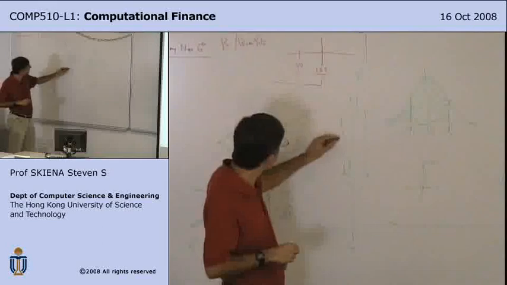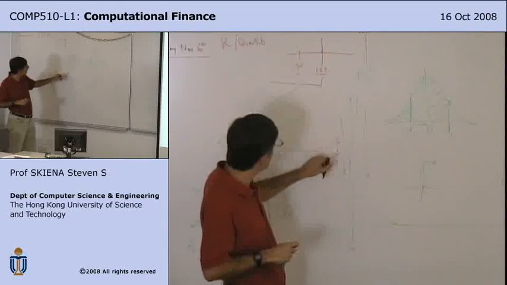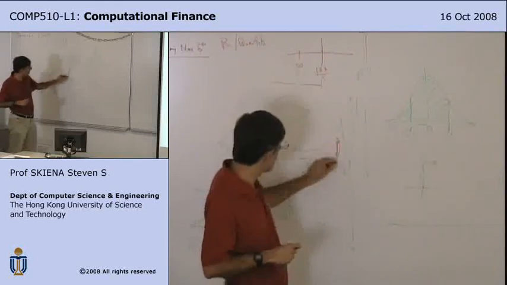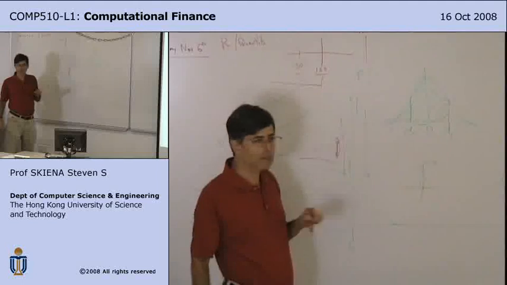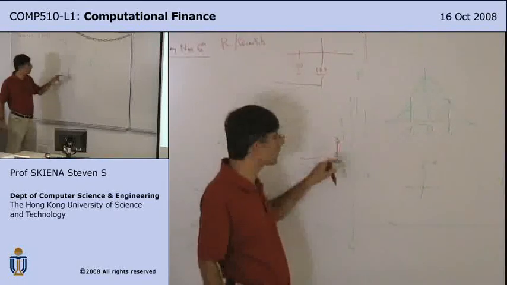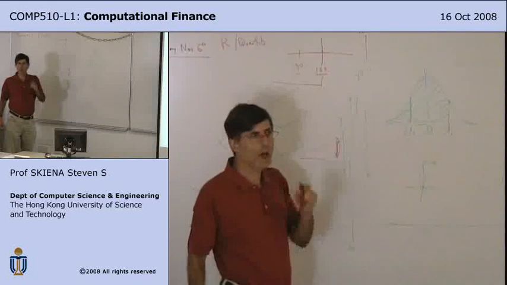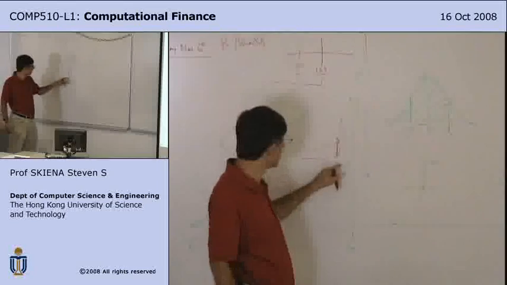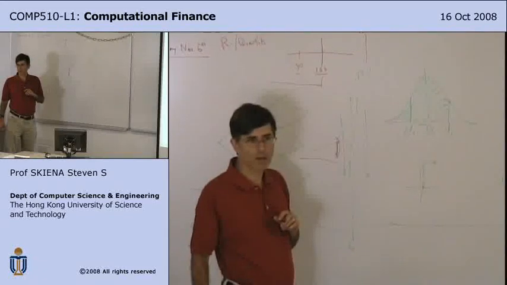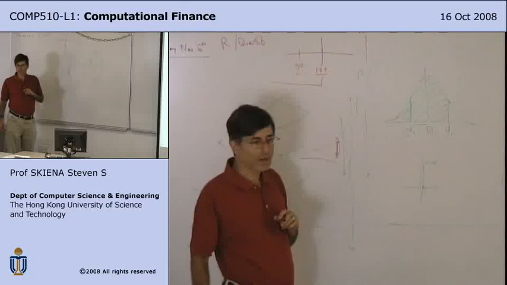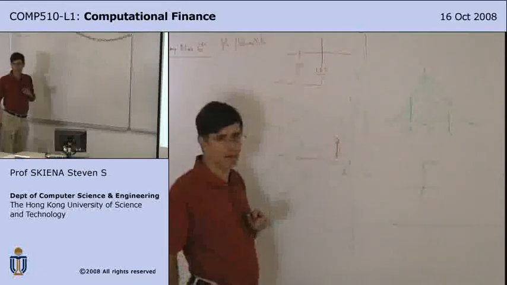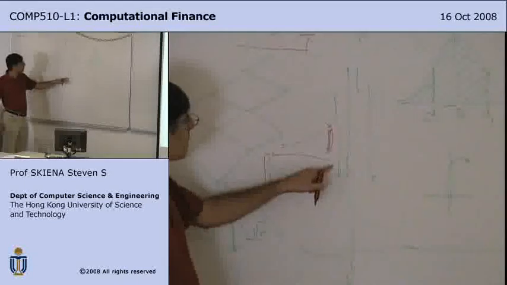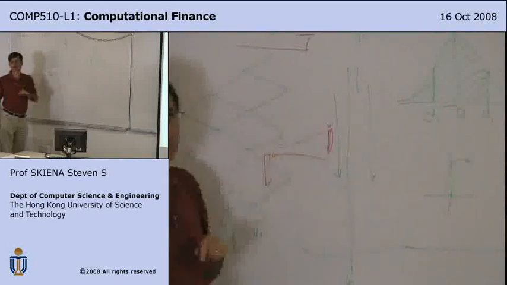Now the question is, if you have an option to buy it in a year at a particular price, and you know the price is going to stay the same, is that option worth something? In some sense, the answer is maybe. If I own the stock now and the price is going to be the same a year from now, what should I do?